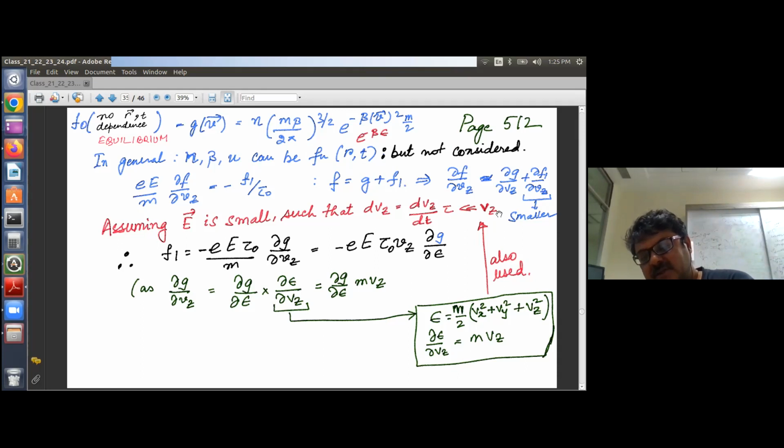It has been accelerated only slightly, and then it is being brought back to equilibrium. That's the assumption which is going on here.